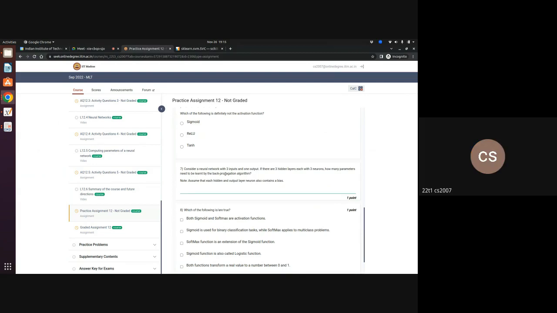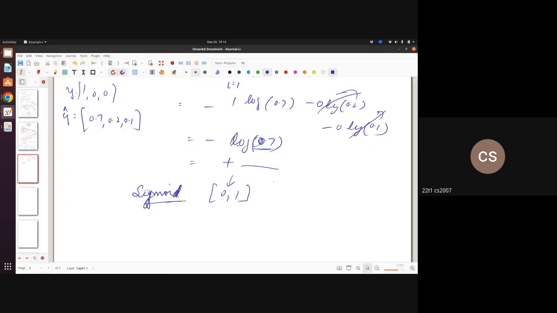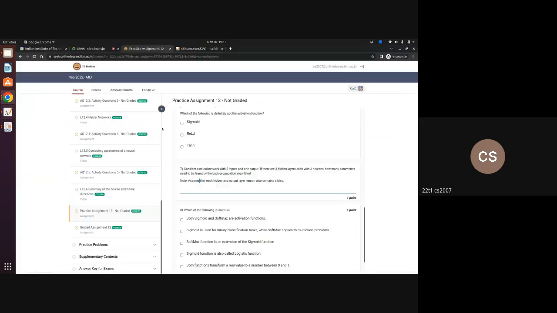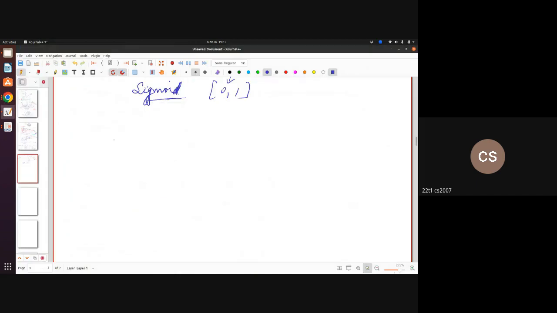Consider a neural network with 3 inputs, 1 output, and 3 hidden layers, each with 3 neurons. How many parameters need to be learned by the backpropagation algorithm? Assume that each hidden and output layer neuron also contains a bias. So this is the scenario. 3 inputs, let's say f1, f2, f3.